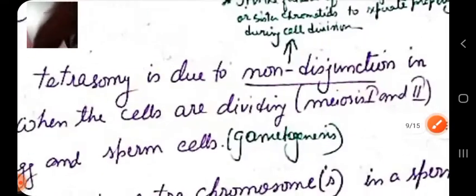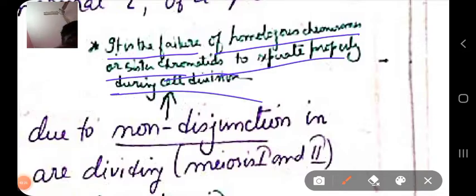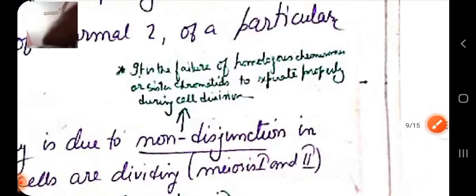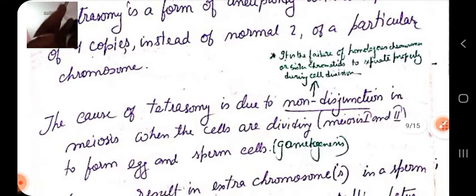So the main cause of tetrasomy is non-disjunction in meiosis, where the cells divide during the meiosis 1 stage and the meiosis 2 stage for the formation of gametes, the egg and sperm cells.